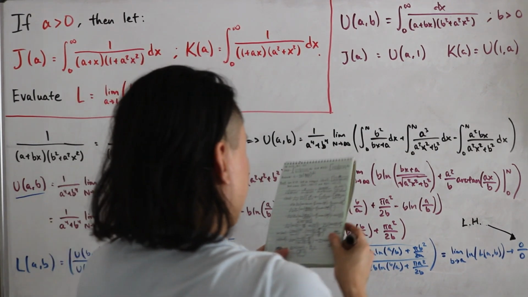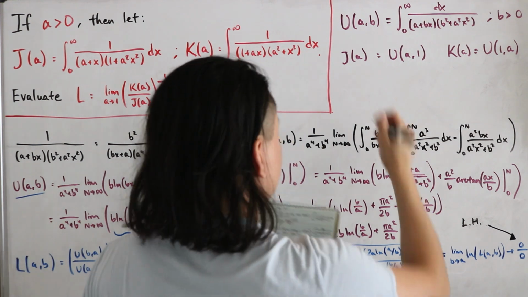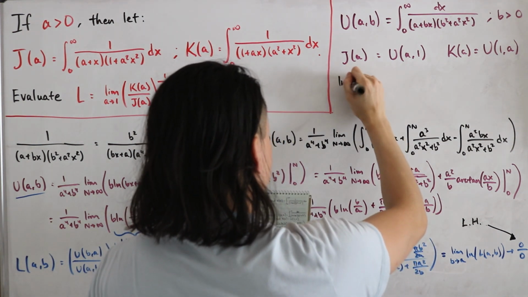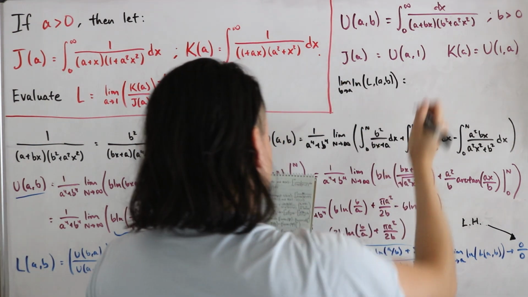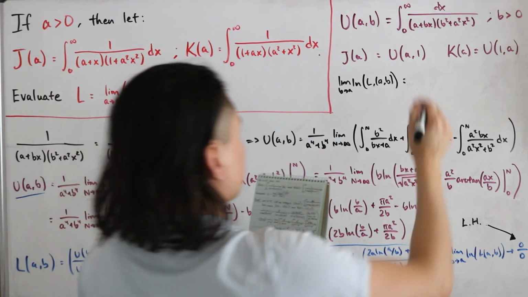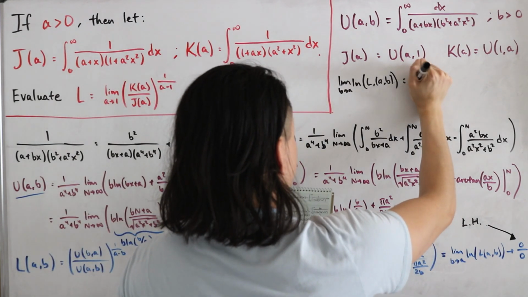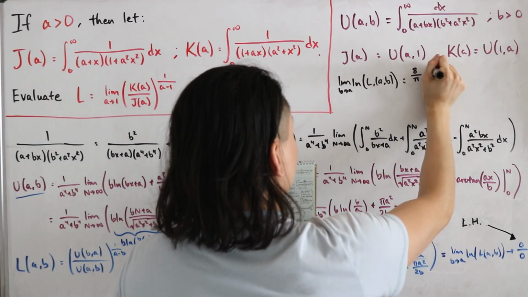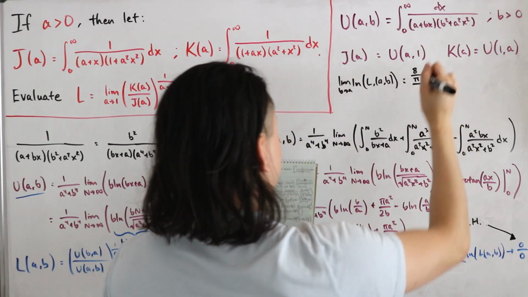So if I take that limit as b approaches a, I'm going to rewrite that one more time, then we're going to get that this is equal to 8 divided by pi minus 3, and then all this being divided by a.